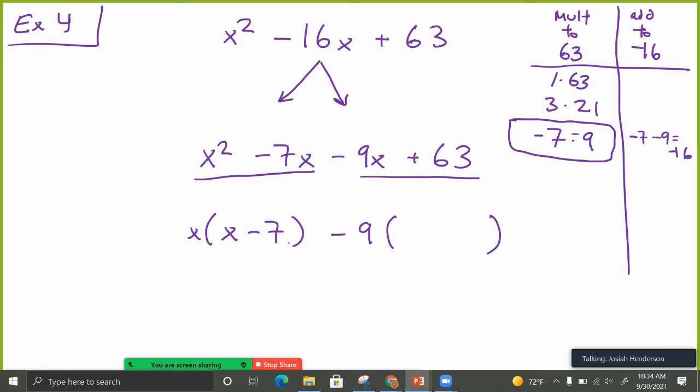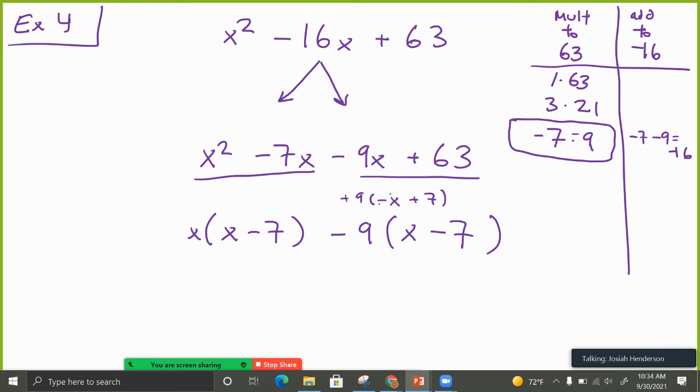Because we want it to match with our other parenthesis. We want it to be x minus 7. If we only pull out 9, we would get this. Write it above. And we don't want it to be negative x plus 7.